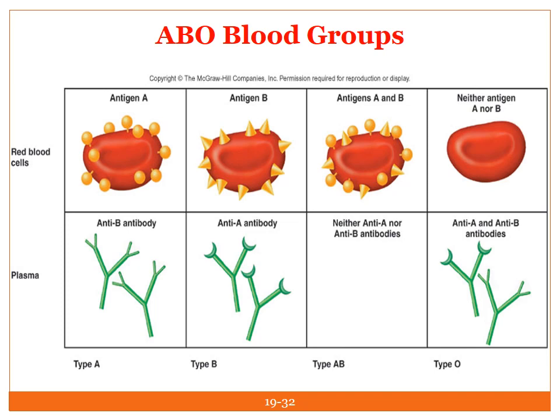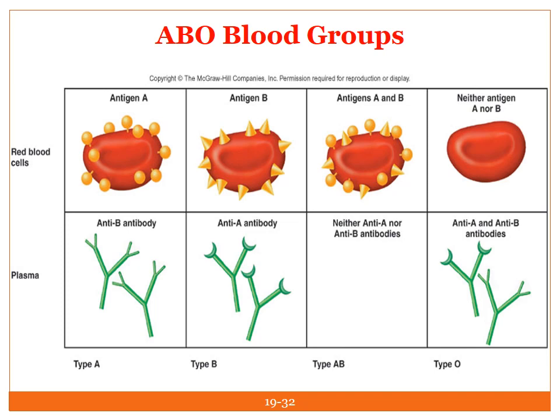This means that if you were to receive a transfusion of type B blood, your anti-B antibodies will connect with those B antigens on the B blood and will cause a reaction, either a destruction of those red blood cells or a clumping of the red blood cells.